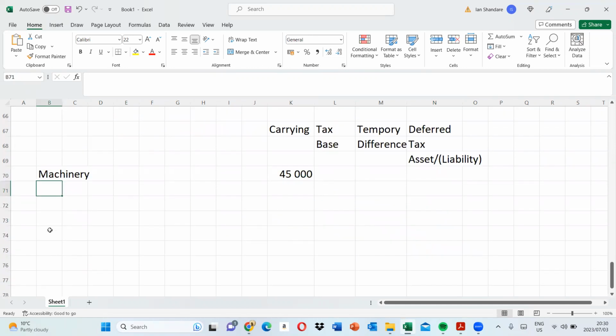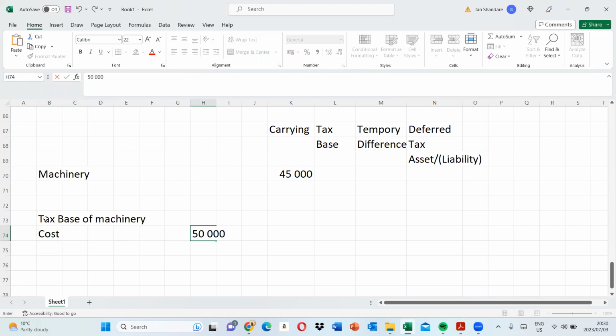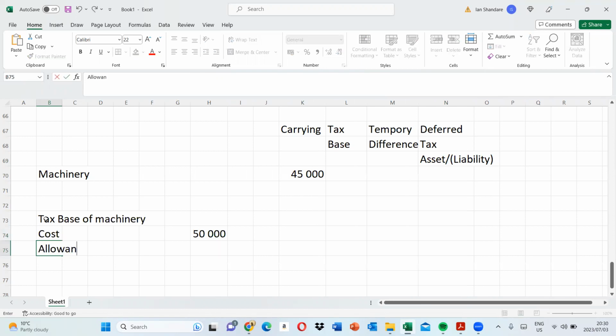Now let's look at the tax base of machinery. The rate which accountants are using is the rate that SARS is also using, which means cost is 50,000, and then the allowance in 2011. Our allowance for 2011 is also going to be 50,000 times 20% times 6 out of 4.